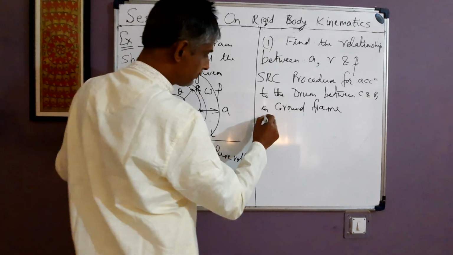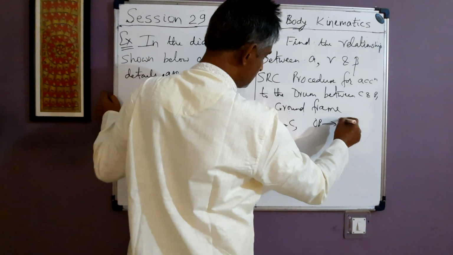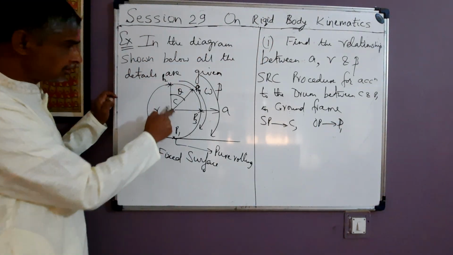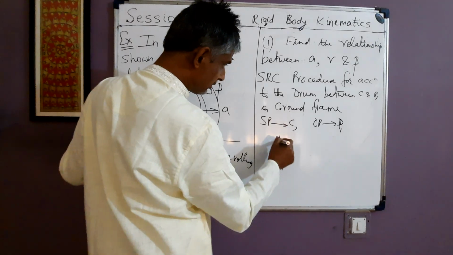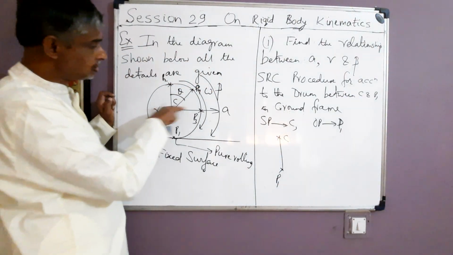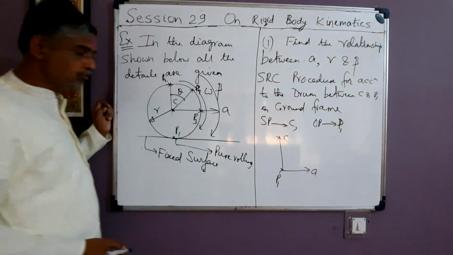Now for that, what we do first, we decide the selected point which is C, other point OP which is P1, sorry. I draw the line joining OP and SP, which is simply this line, C and P1. I give the acceleration of C to P1. I give the acceleration A to P1.